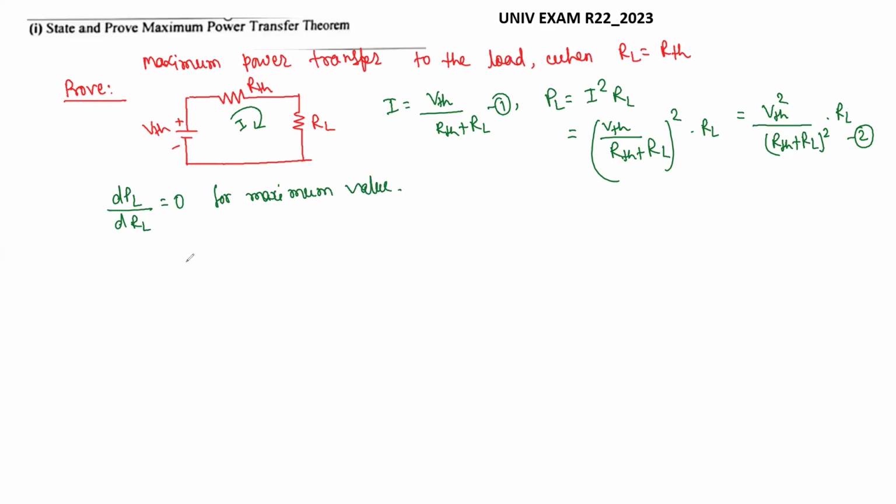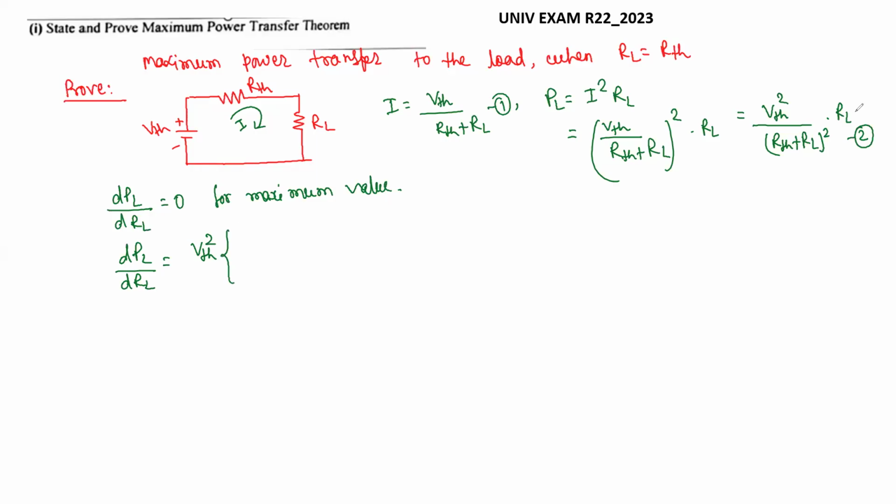So now finally we'll go for the derivation of this. When we differentiate, we have dPL by dRL equal to, now you see that VTH square will be constant, so that is kept aside.